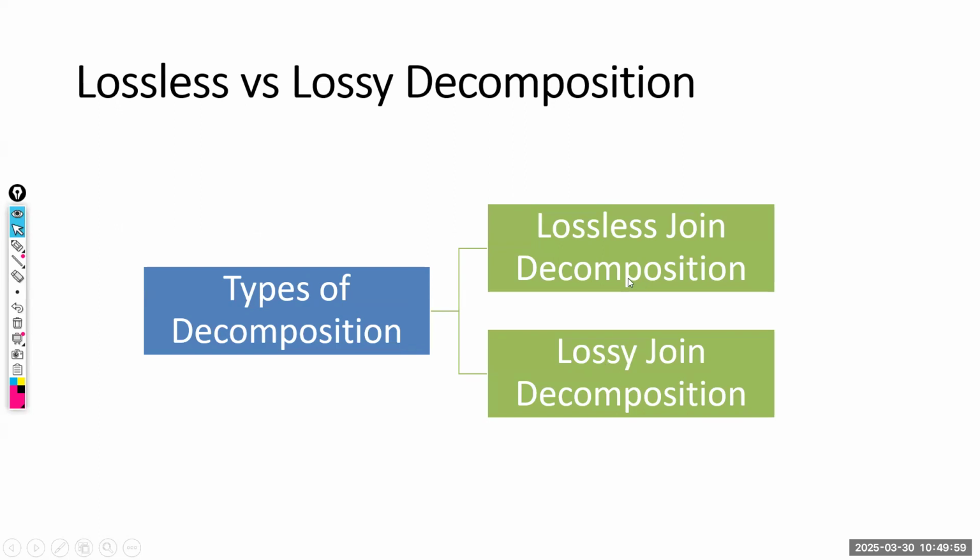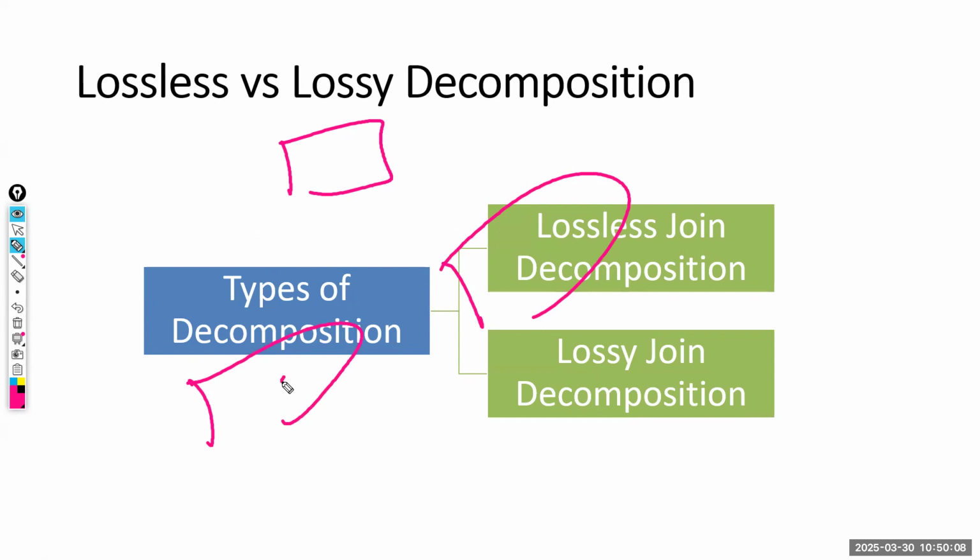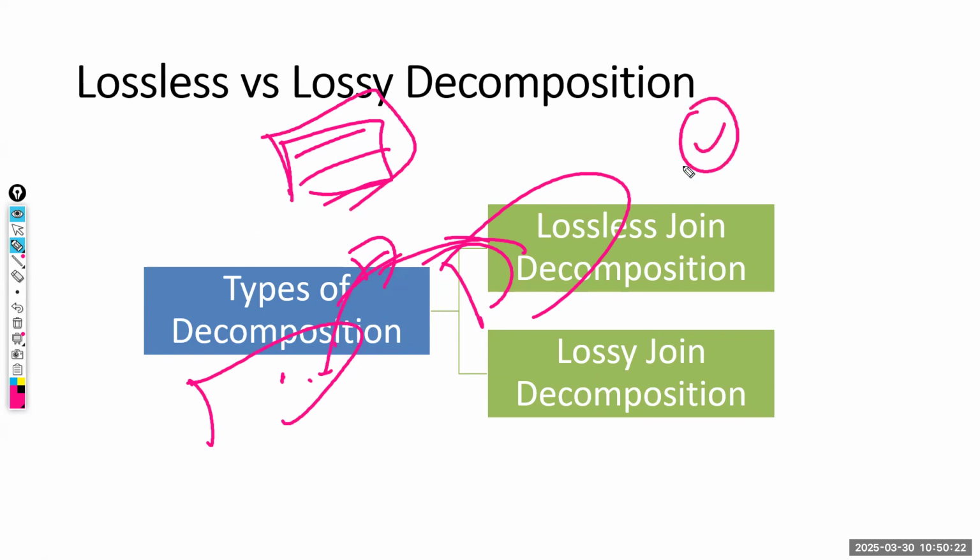So lossless means when you break it into, say, two tables, we can generate the same data without any issue by joining these two tables. By joining those two tables, we get all the details of the original table. So then we say lossless. So that is good. That is what we want to do.